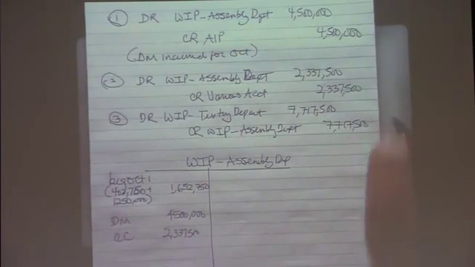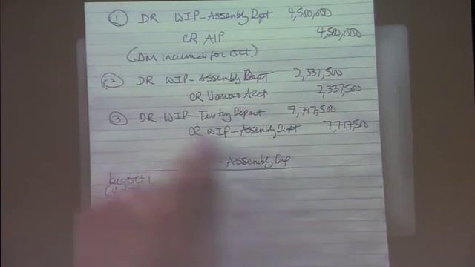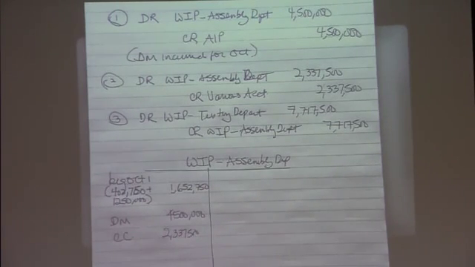And you can see that if a company has multiple levels of processing of a product that goes from department A to B to C to D, for example, then the amount of bookkeeping entries, journal entries that's required is quite tremendous, quite voluminous.